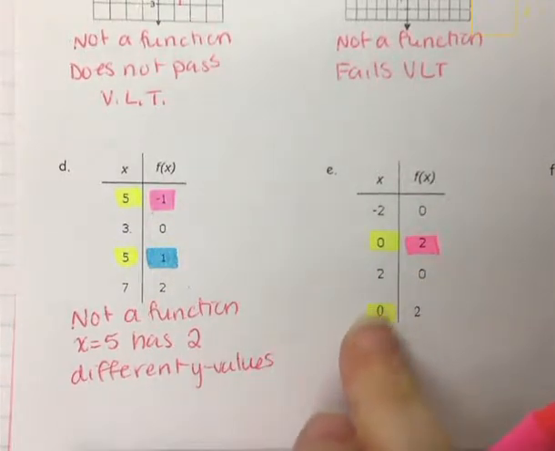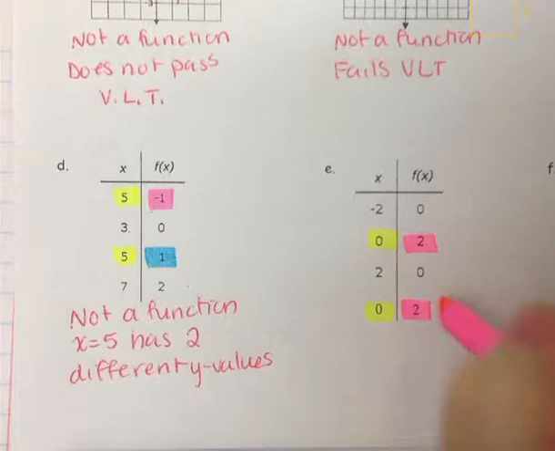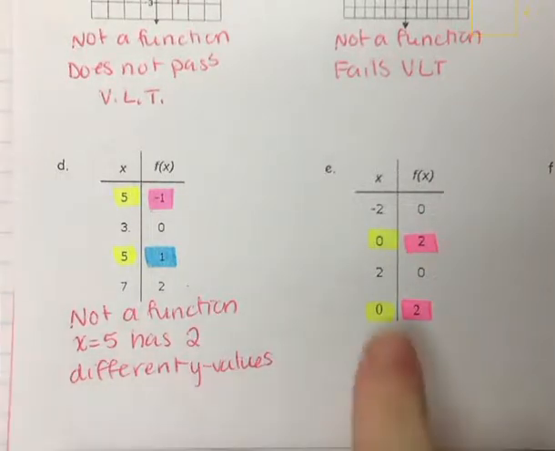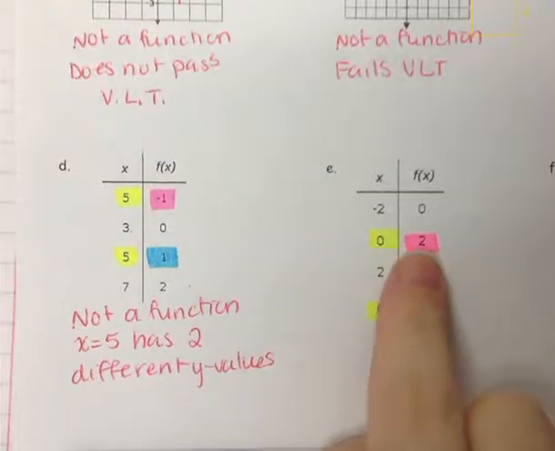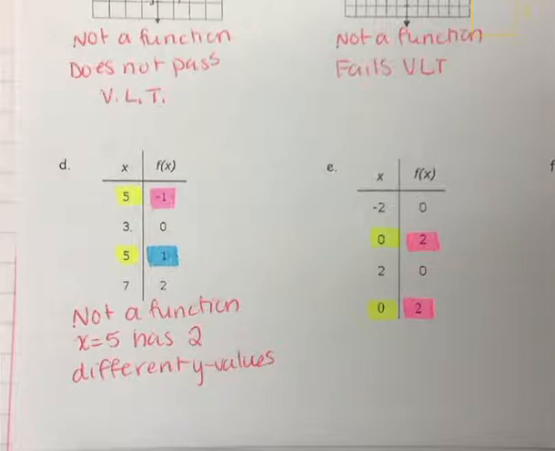My next x of 0 has a y value of +2. These are the same y values, so I can highlight this in pink. Now, because this x value has a y value of 2, and the same x value has the same y value of +2, this actually is a function.